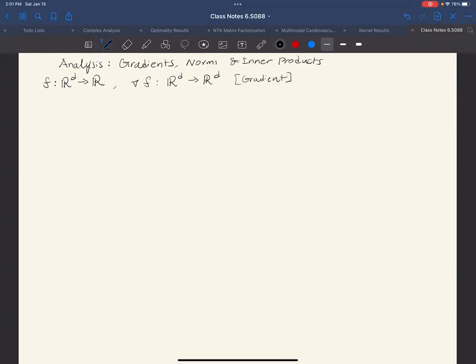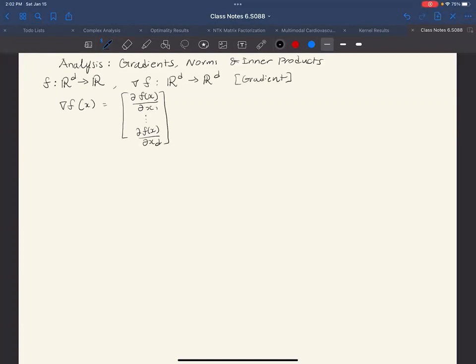And how do we actually compute the gradient? Well, the gradient of a function at any point x is going to be a giant vector of the partial derivatives of f of x with respect to every variable. And here I'll call my variables x1 to xd. So this is just a giant vector of these partial derivatives.